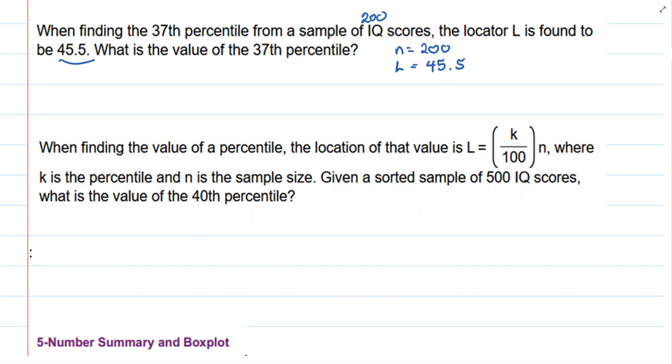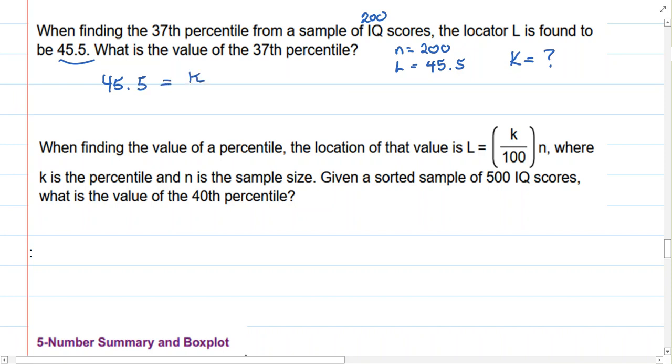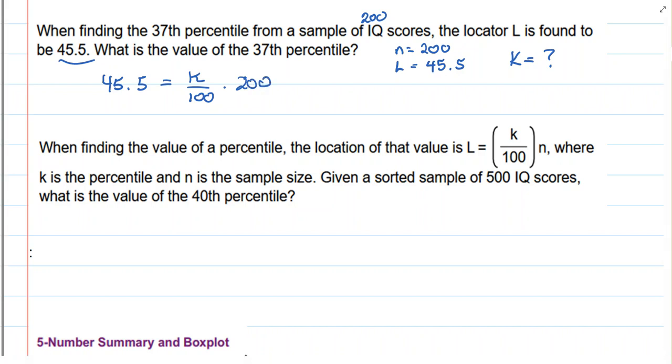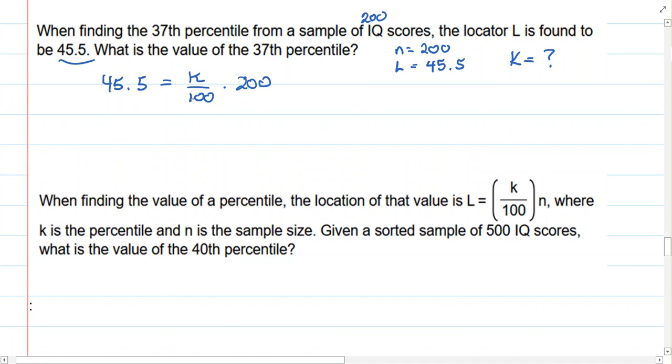All right, so we're looking for K. So I'm going to have 45 and a half equal to K over that 100 times the 200. These are dumb problems, I know. So I have 45 and a half equal to 2K. I'm going to divide by that 2.